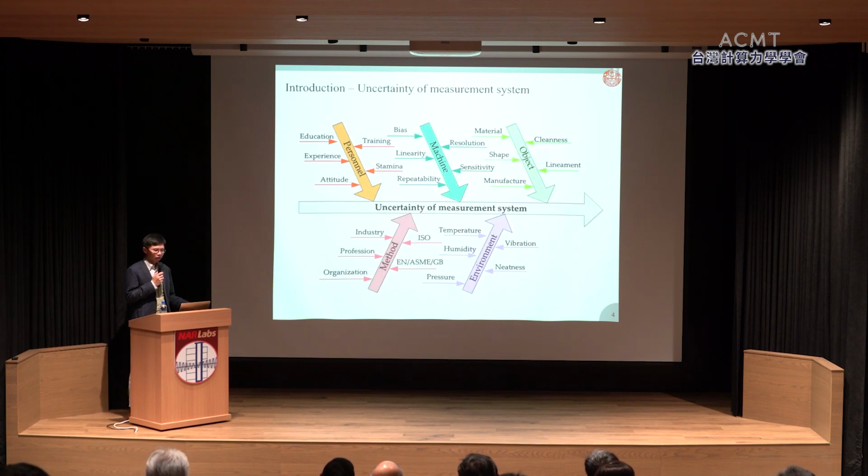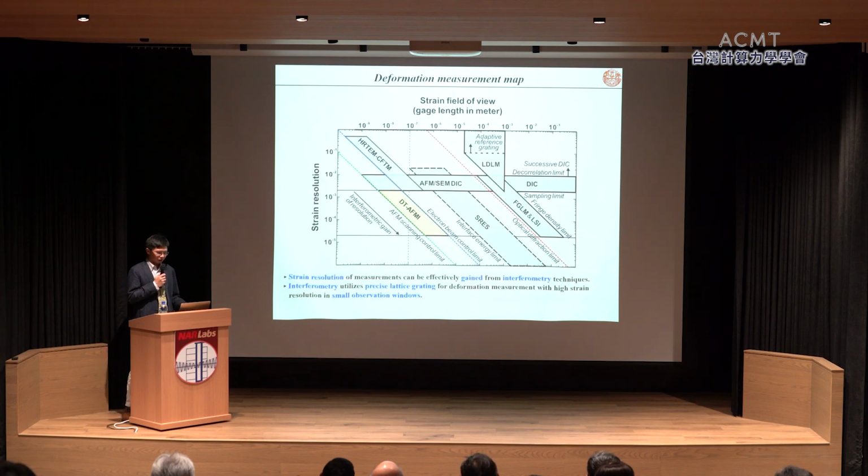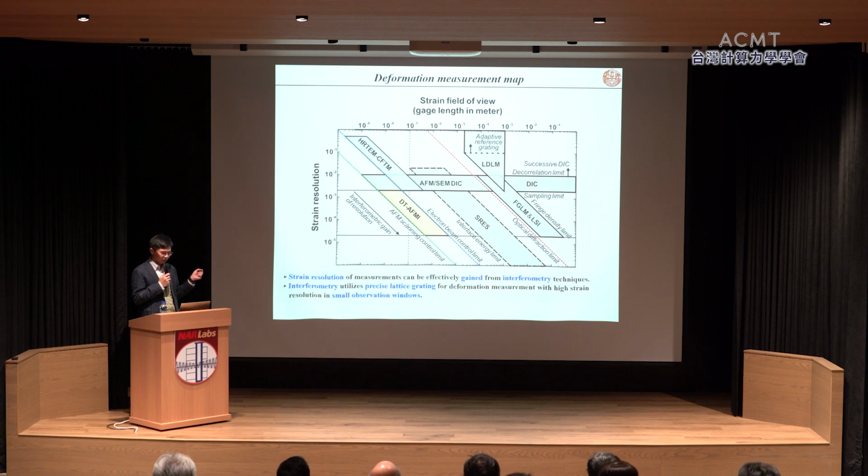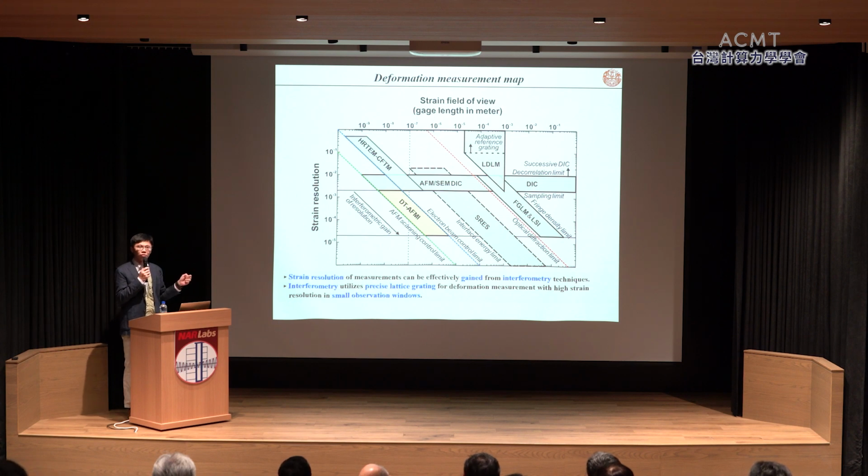So as we know, there are many uncertainties when we do experimental measurement. Especially for mechanical engineering, we want to measure deformation. So here I show the measurement map. The horizontal axis is the strain view, it's about the window size, and the vertical axis is about the measurement resolution.